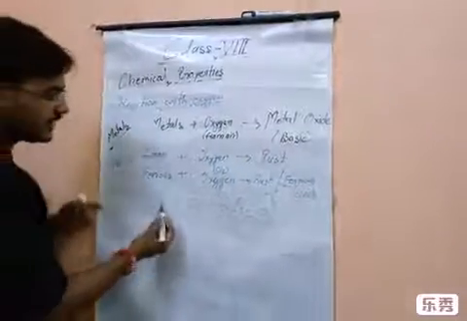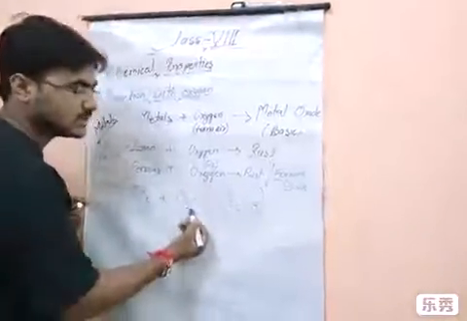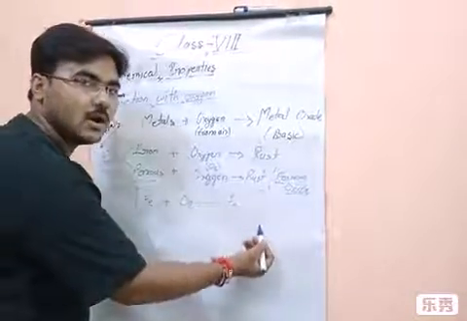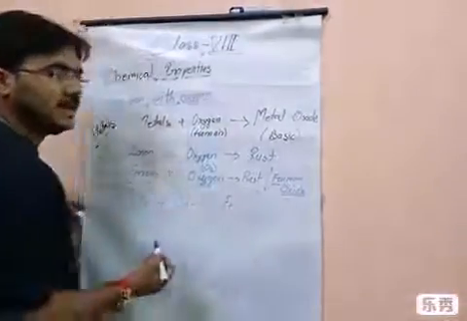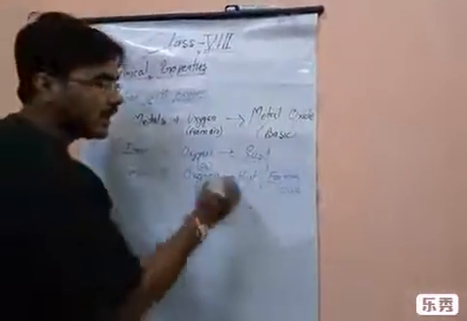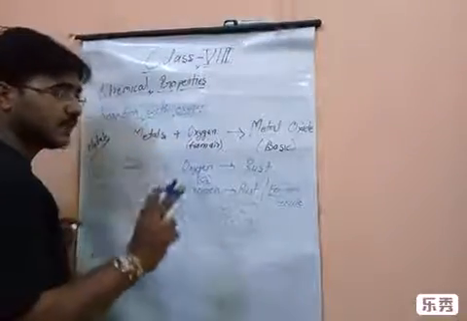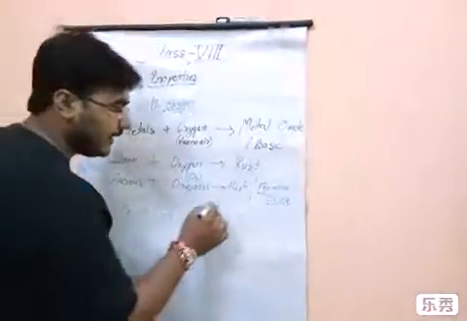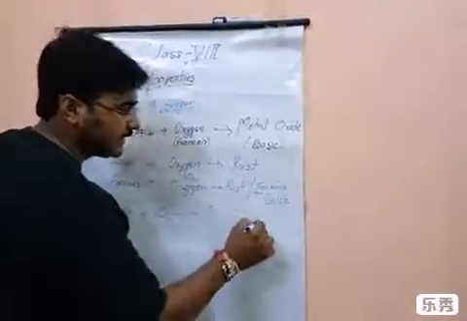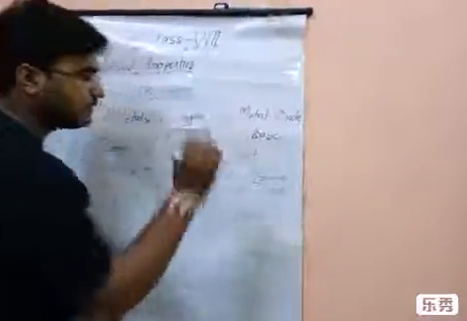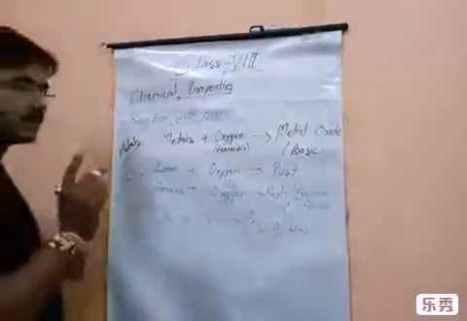This is the metal reacting with oxygen and forming a metal oxide, which will be basic in nature. It will not be acidic, not salt, not neutral, but basic. So I hope this one is clear.